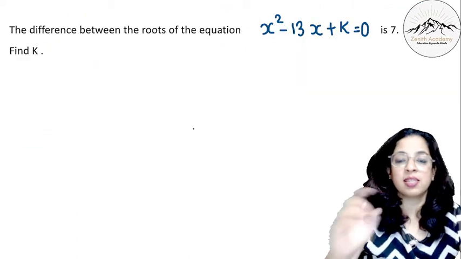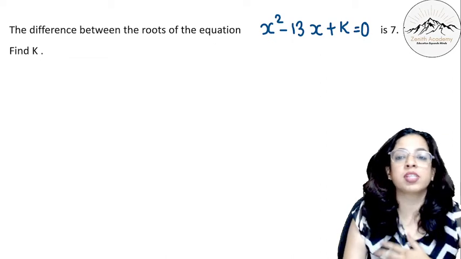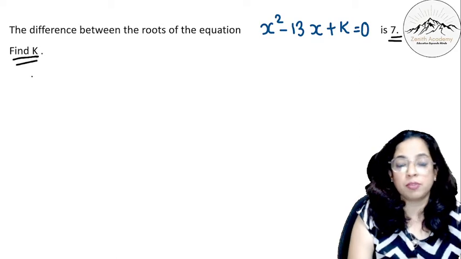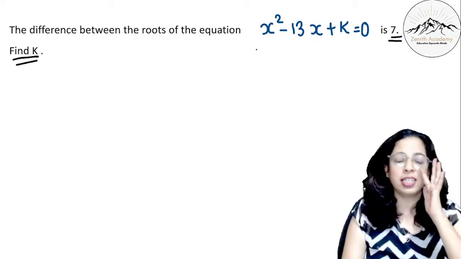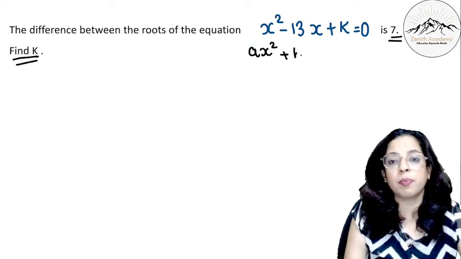Okay, let's take some more examples. Now, the difference between the roots of this equation is 7. Then you have to find k. Very easy question, it looks a little twisted. First you compare it with ax square plus bx plus c equal to 0.